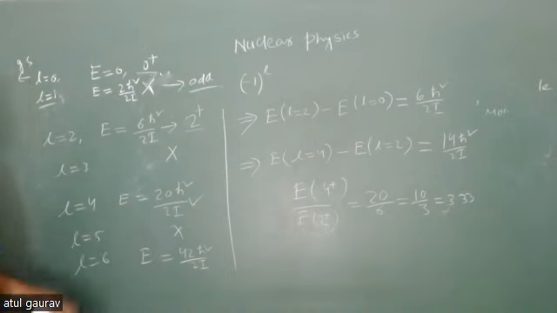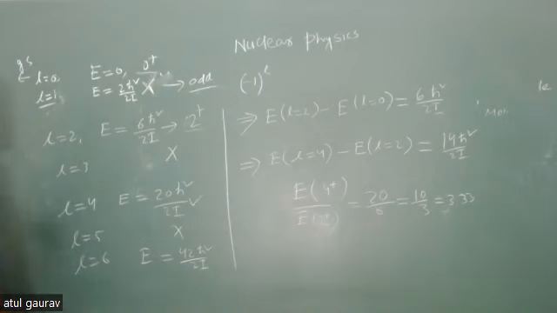Experimentally, for large mass numbers the nuclei have deformed structure, so if you rotate, their configuration will be changed. According to quantum mechanics, if the configuration is changing, you will have some rotational energy. Then they have taken the help of quantum mechanics, that rotational energy can be written as L square by 2I.